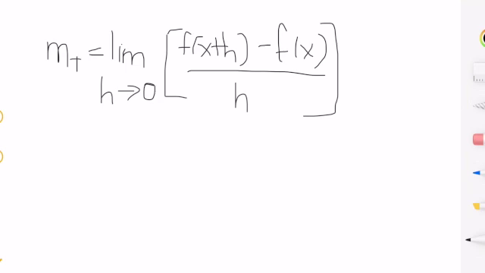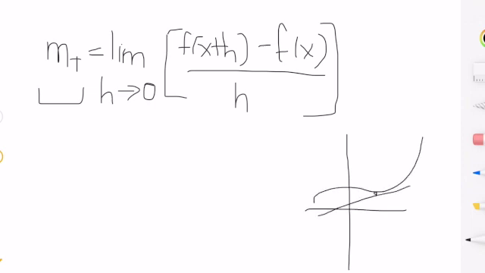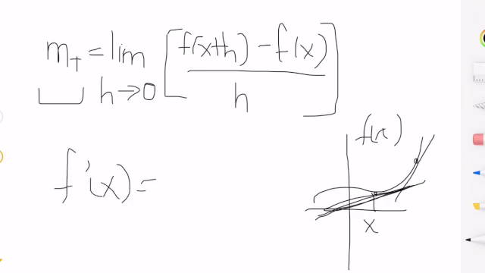Okay, but now we want to represent the slope of the tangent with a symbol that will allow us to calculate any tangent slope at any point of the function that we want, whether it is here, whether it is there, and so on. And so we can say, let's represent the slope of the tangent, for example, let's take this as an example, to the function f. Here we have a function f at x by f prime of x.